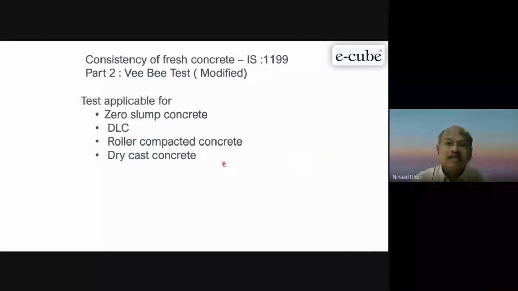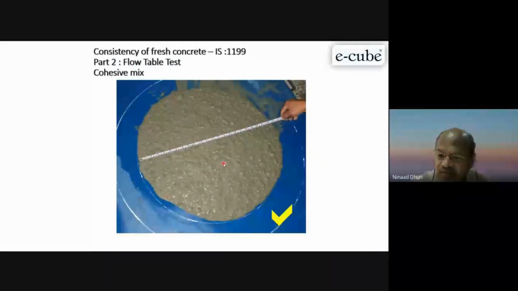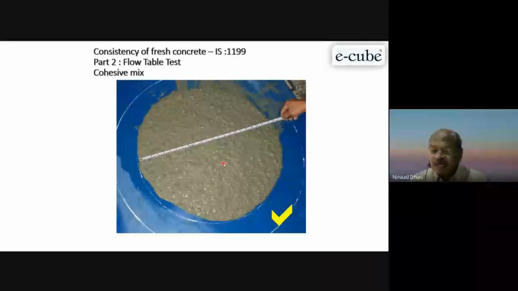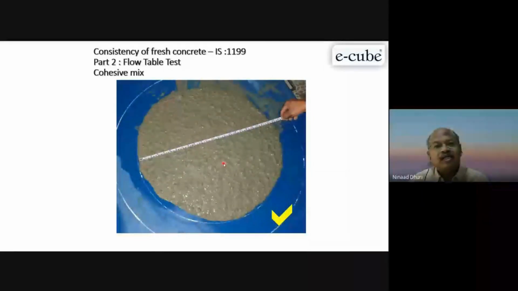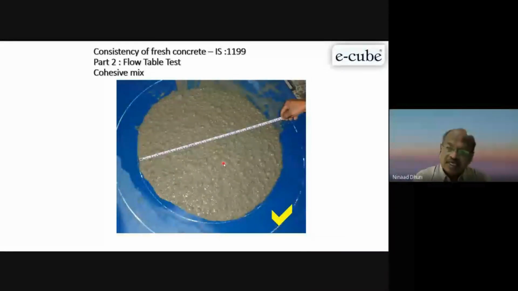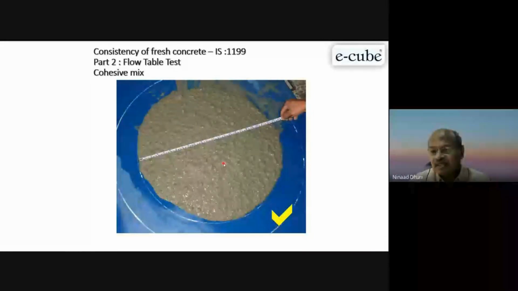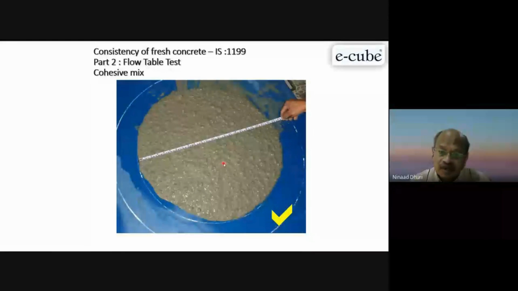I think this test we will discuss in the next lecture. If there are any questions, we'll discuss, because I spent more time on this since it is today's requirement at sites. Civil engineers are confused between free flow concrete, self compacting concrete, and high workable mix, high slump concrete. We have discussed the slump test and its limitations, and next you go for flowable concrete.